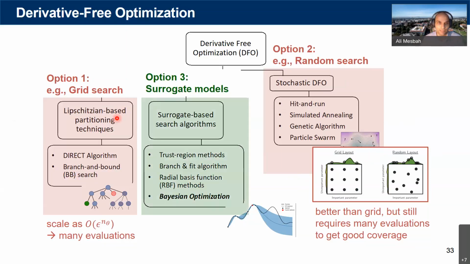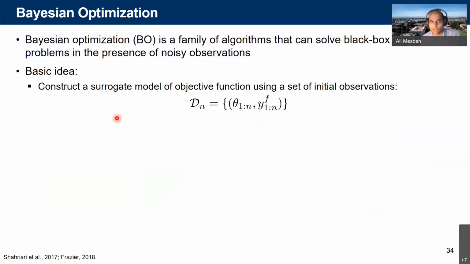So let me give you a very high-level overview of how Bayesian optimization works. Essentially here, we're talking about a family of algorithms that are specifically suited for solving black box optimization problems in the presence of noisy functions and noisy observations. The basic idea, as I mentioned, is to first establish a surrogate model using data. So we first learn a surrogate model of our objective function using this initial set of data.